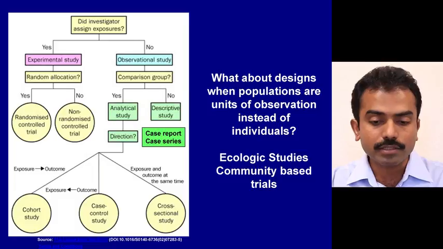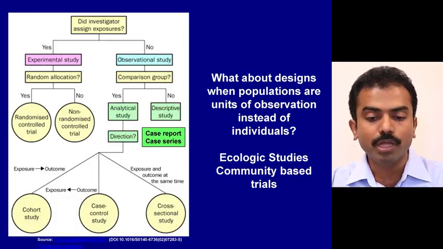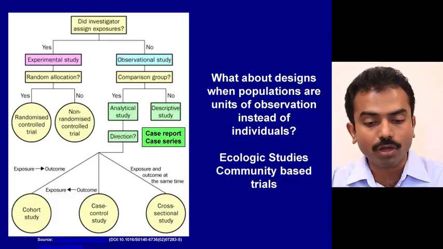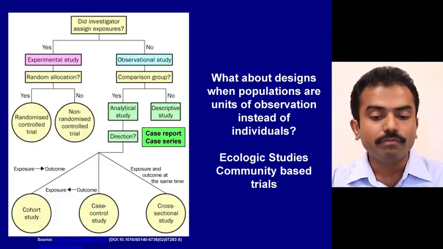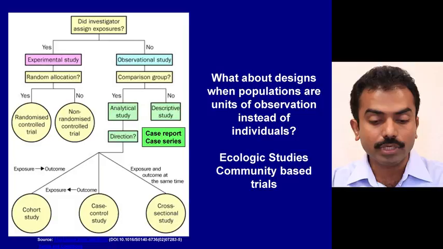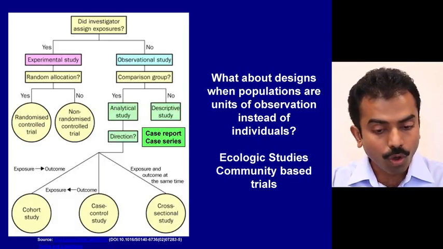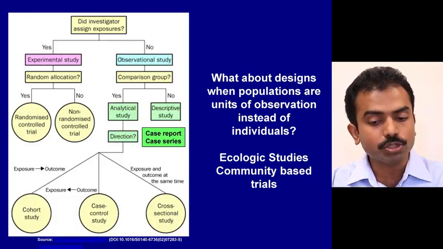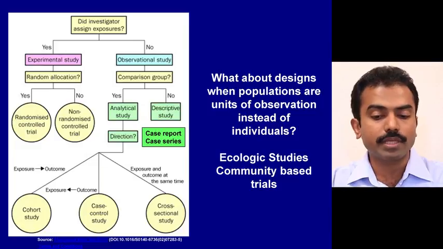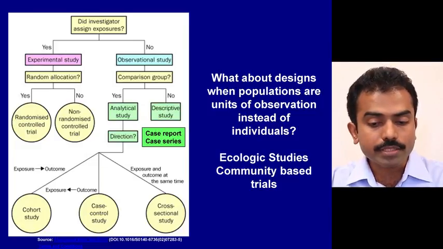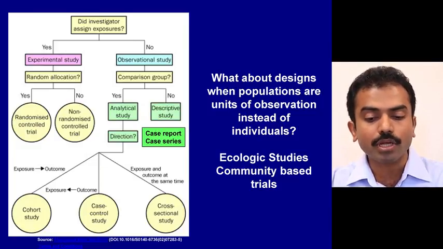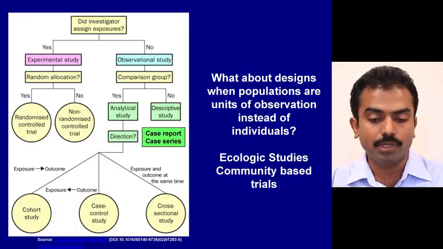Under analytical study design, where there is an explicit comparison group, depending on the direction of our study, we classify into three further categories: the cohort study, the case control study, and the cross-sectional study. In a cross-sectional study, the exposure and outcome measurement happen at the same point in time.